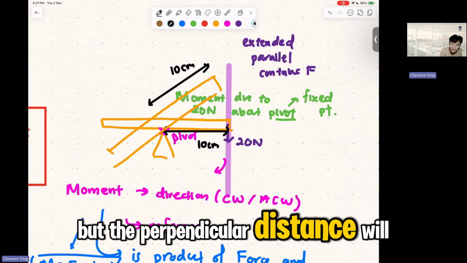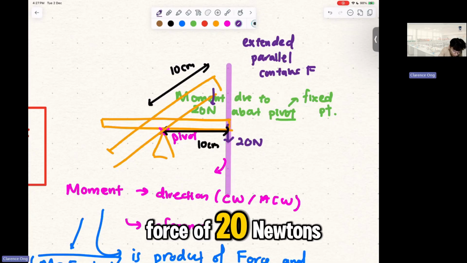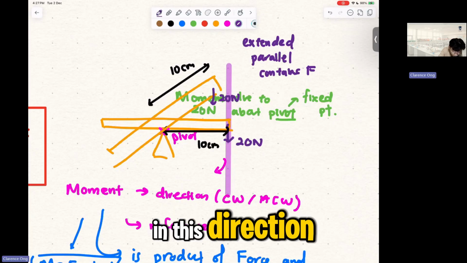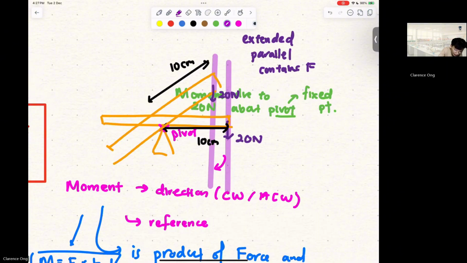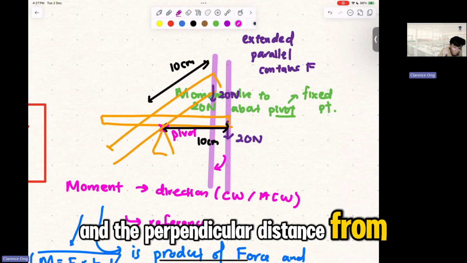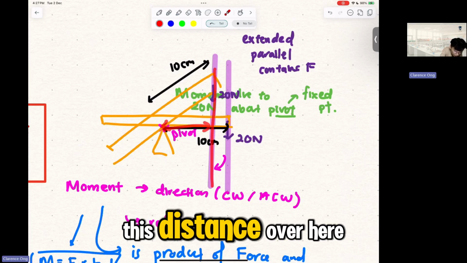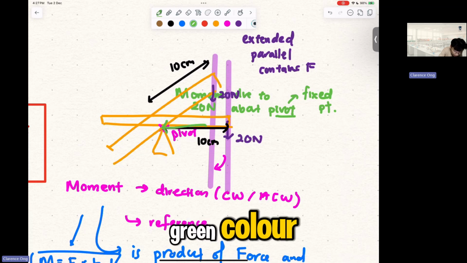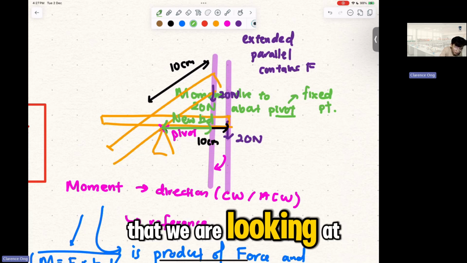But the perpendicular distance will be different. Because if you apply a force of 20 newtons in this direction, then the line of action will be here. And the perpendicular distance from the line of action to the pivot will be this distance over here. Let me draw it in green color. So this is the new perpendicular distance that we are looking at.